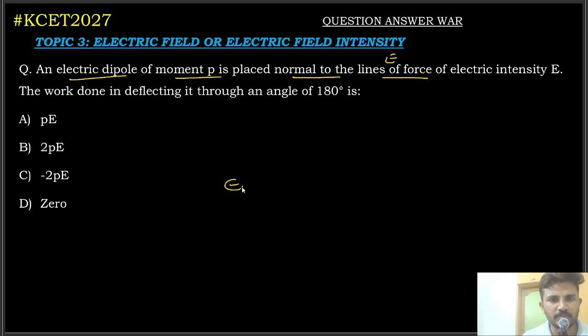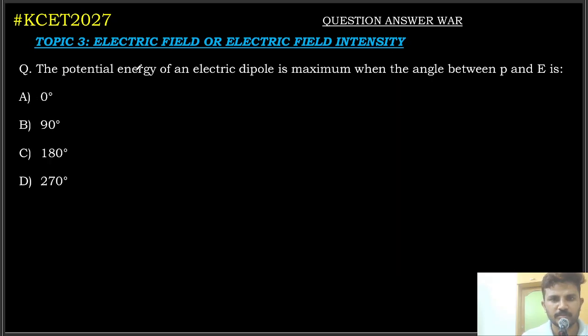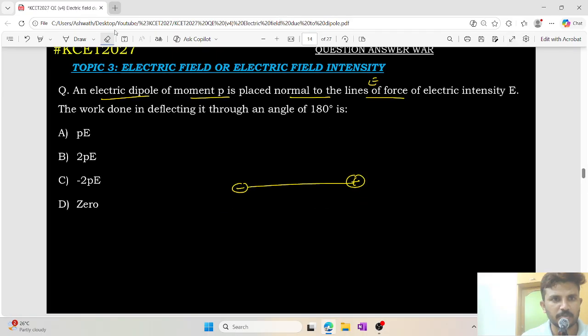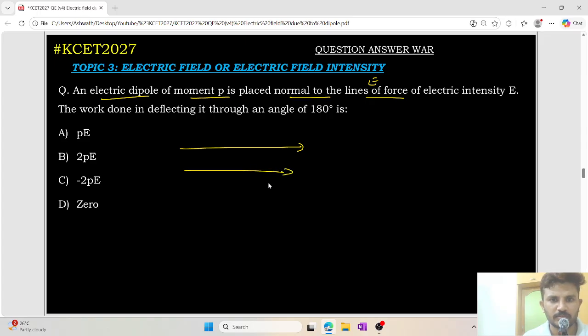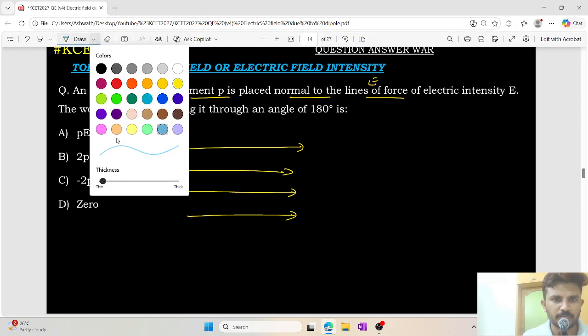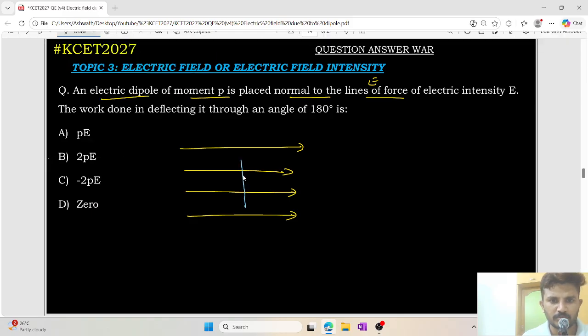Let me draw a new diagram. So let's consider here we have a uniform electric field. The dipole is placed normal to it.